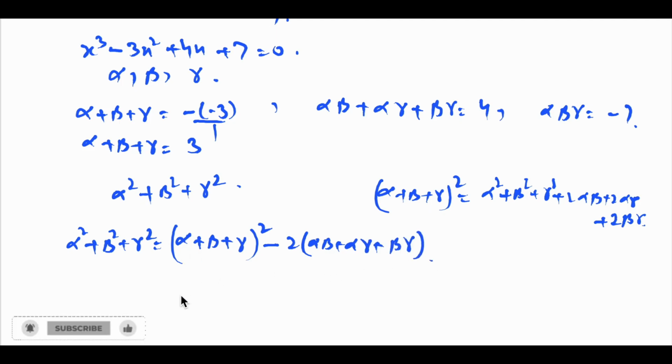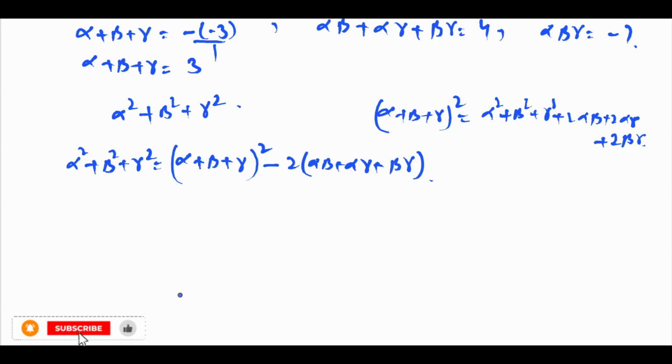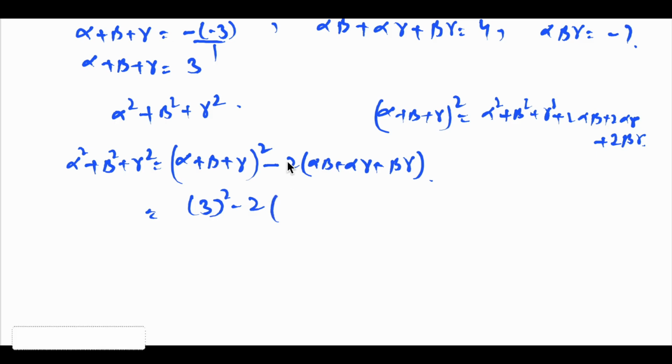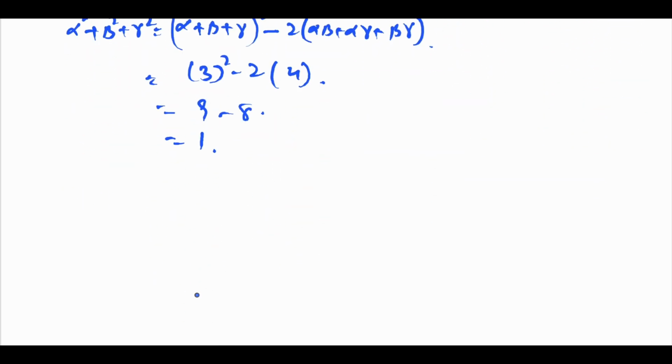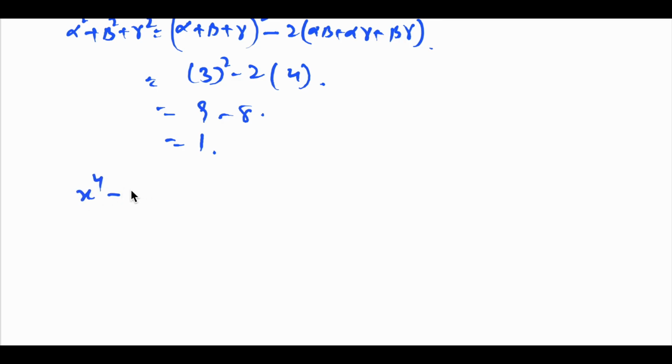You can go by the basic lecture for this thing. So I can now put the values. Alpha plus beta plus gamma whole square is 3 whole square minus 2 times 4. So this is how much? 3 threes are 9 minus 8. So it's 1.